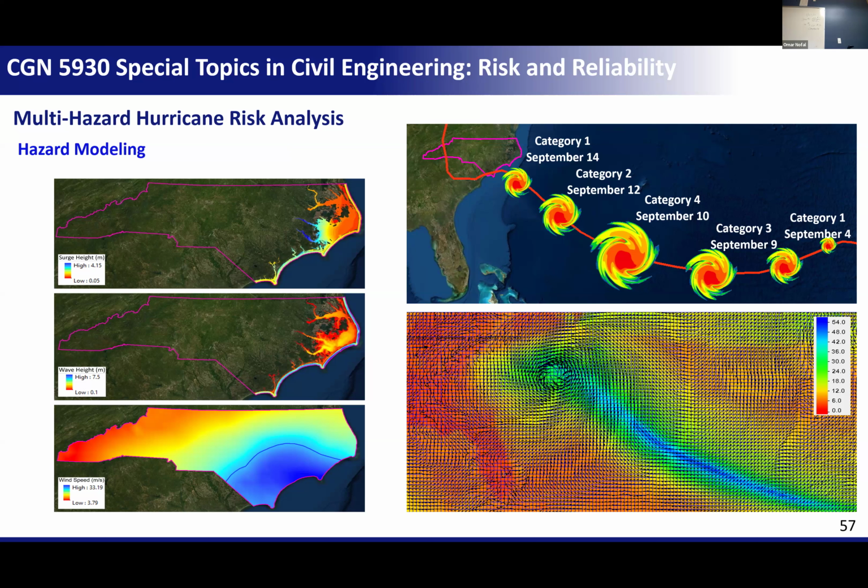This is actually a part of an ADCIRC and SWAN simulation. So here it shows the storm surge map and the wave hazard map and the wind hazard map. And that actually makes sense because I want you to look at the wave hazard map. If you see, the high waves are about 7.5 meters and it's usually in blue. And that's actually just maybe 1 mile from the beach, right?